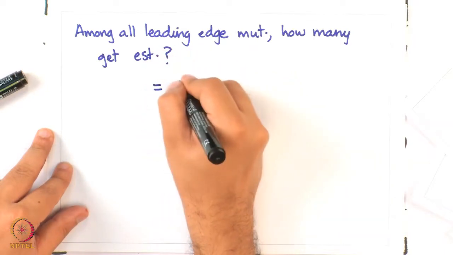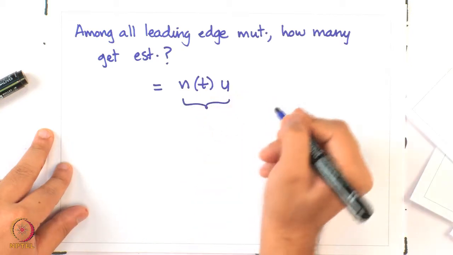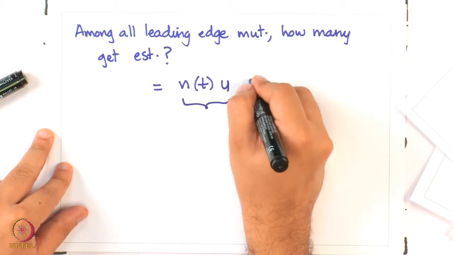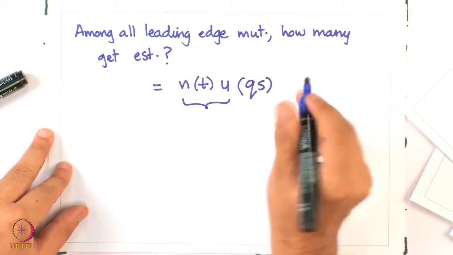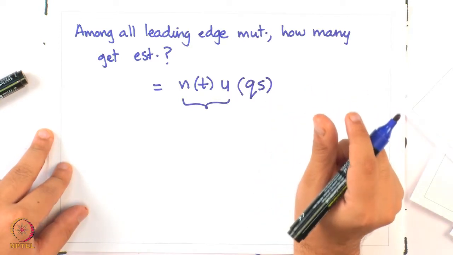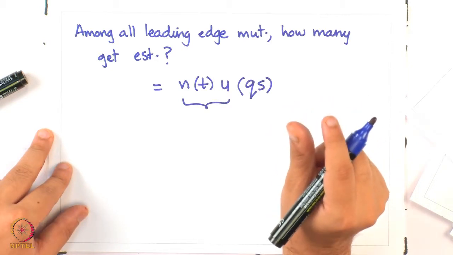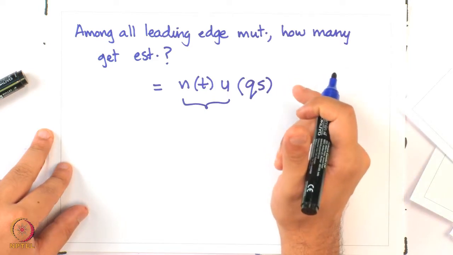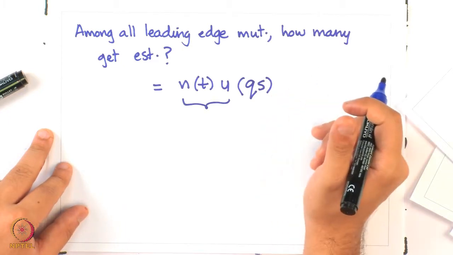N(t) times U is the total number of mutations that are happening at the leading edge. We know that the probability that these mutations will get established is just equal to QS, right? Because the probability that a mutation carrying an advantage S over the mean survives is equal to S. So the probability that this mutation, which holds an advantage QS over the mean, survives is also equal to QS.